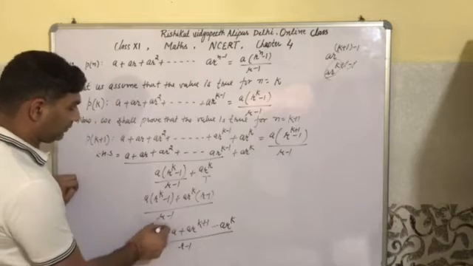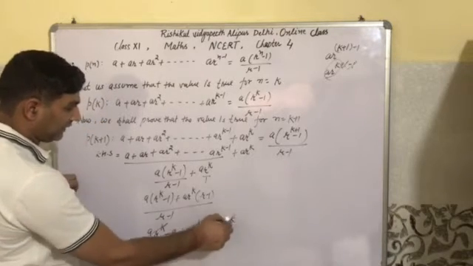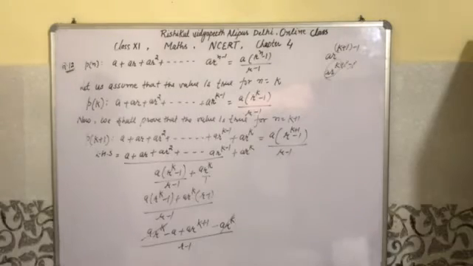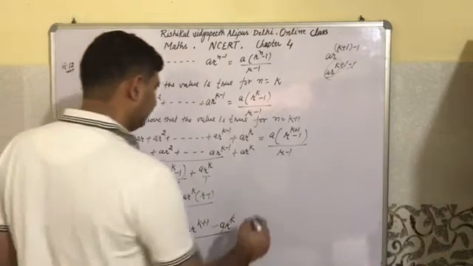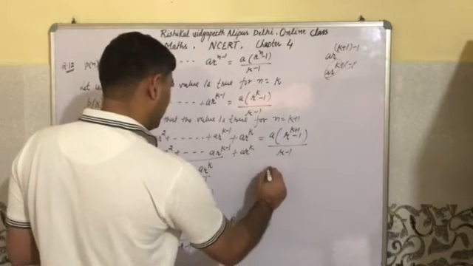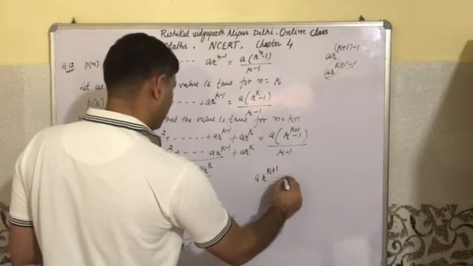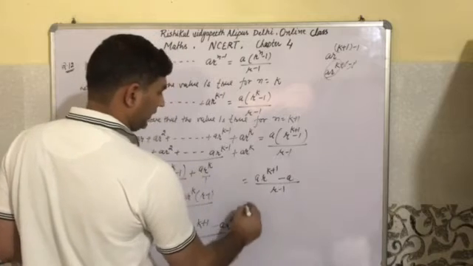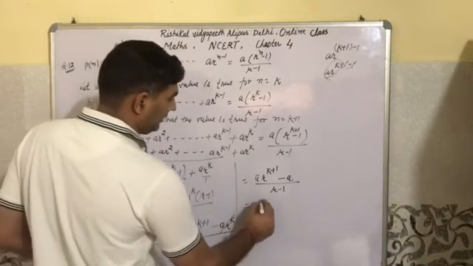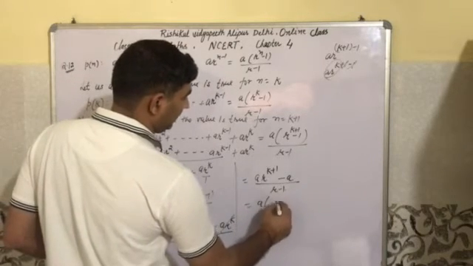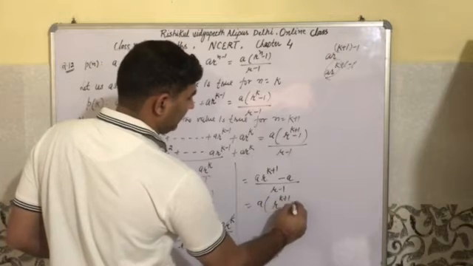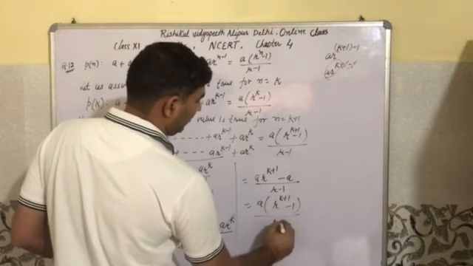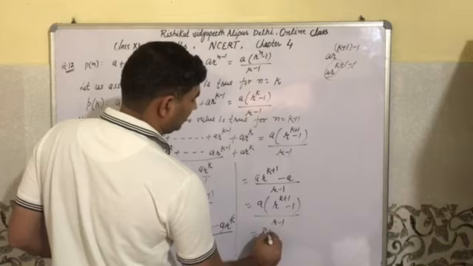This ar raised to power k is positive and this ar raised to power k is negative, these cancel out. Then ar raised to power k plus 1 minus a upon r minus 1, and then a is the common term: a into r raised to power k plus 1 minus 1 upon r minus 1 is the RHS.